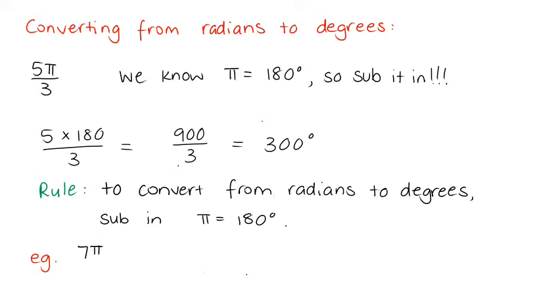So 7 pi on 8. Try that one. So yep, sub in your 180 with the 8. Now if you want, you can do the 7 times 180 and then divide that large number by 8, or you can do some cancellation first, whichever you prefer.